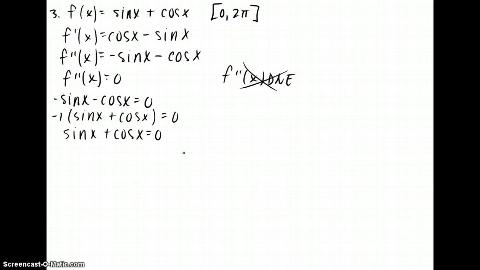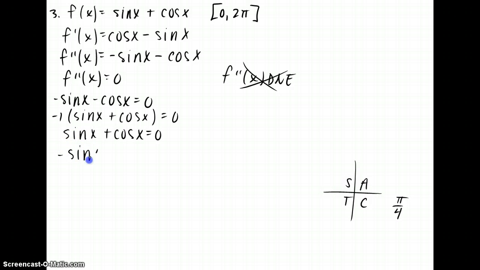From here, some of you saw that the signs, meaning positive or negative, of sine and cosine would have to be opposite of each other to equal 0. So you knew that the critical numbers would be the second and fourth quadrant values of pi over 4, because in the second and fourth quadrants, the absolute value of the sine and cosine are the same. Just in the second quadrant, sine's positive, cosine's negative, and it's the opposite in the fourth. So you could have seen that.